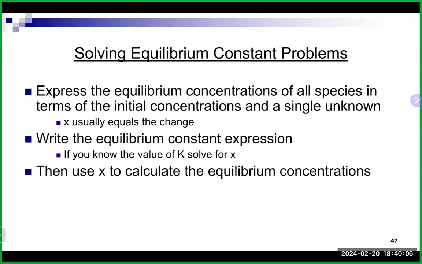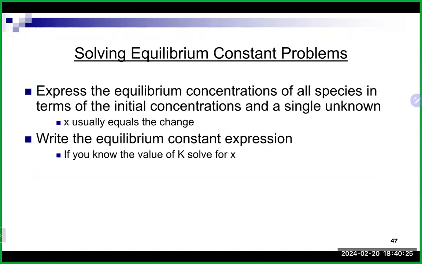We use what we like to call ice tables. Maybe you've used ice tables before. If you took me, you used it in 200A, so we're going to use basically the same thing here in 200B. If you didn't, then maybe it's new to you. It's not too difficult, but the idea is we use what is referred to as ice tables.